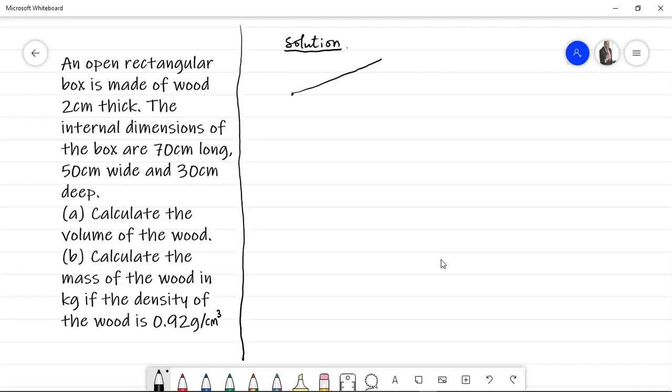If I try to sketch out a rectangular box, remember it's a box, so it's a solid shape. So I can easily do something like this. And then let me have this as well. Then I would have this, and then this.